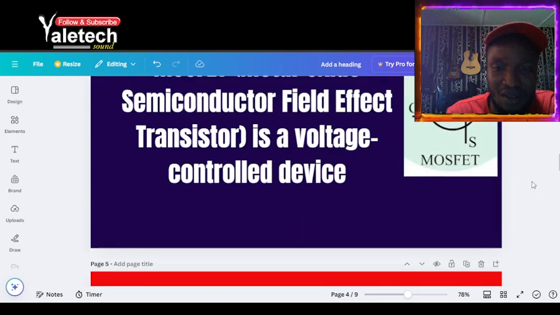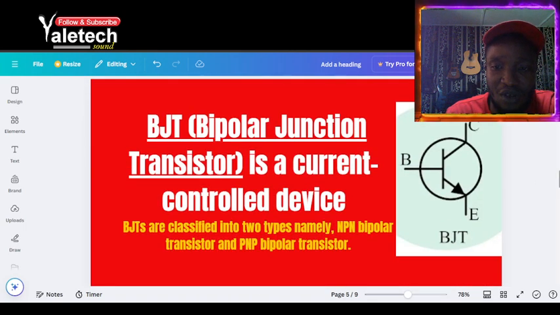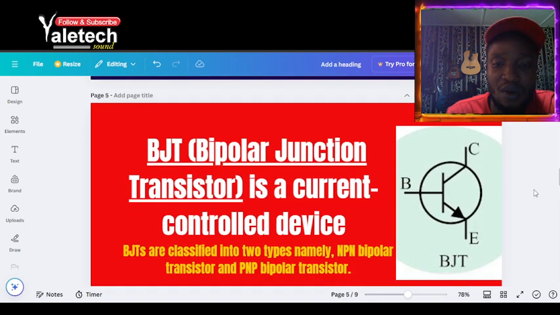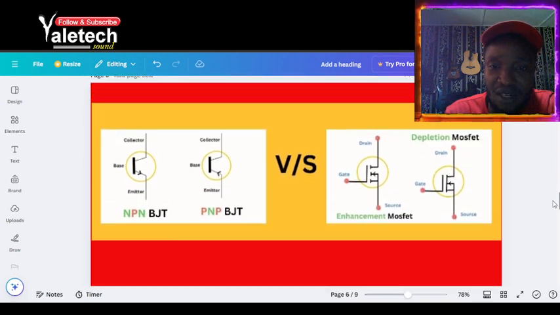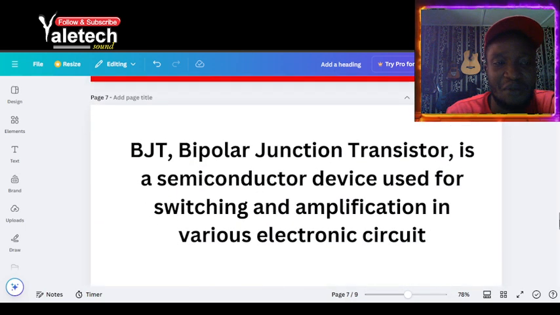You understand? And let's just keep it simple for this video. As we advance, you'll get it better. So this is the emitter for that of BJT, this is the base, this is the collector. So when you're talking about MOSFET, there's nothing like emitter and base there. What you keep hearing is source, gate, drain. Is that clear?